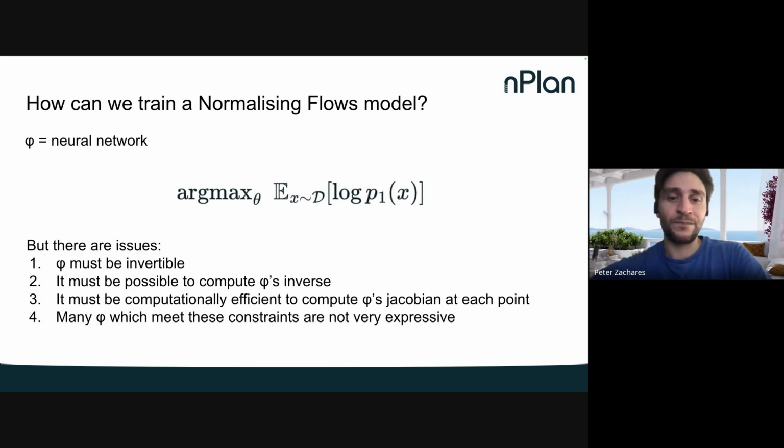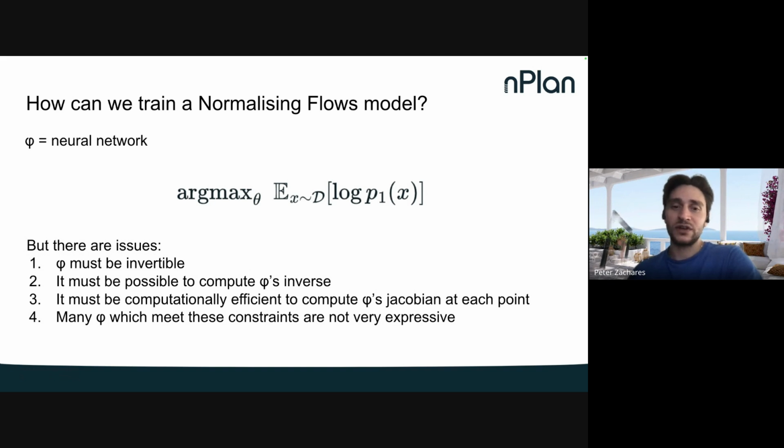And then one issue is that many of the models phi which meet all these constraints are not very expressive. You can use a linear model like y equals mx plus b that satisfies all of these constraints, but it's not very expressive. Say the distribution that you want to learn is over images, like all the images of cars, that could be very complicated.